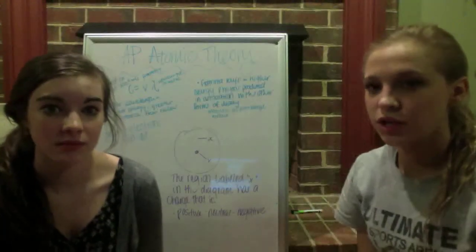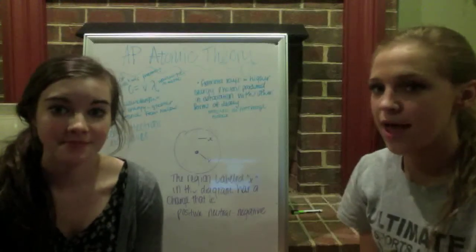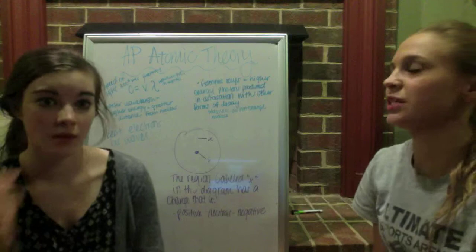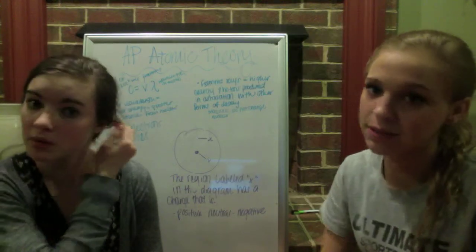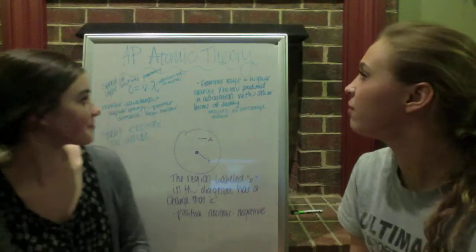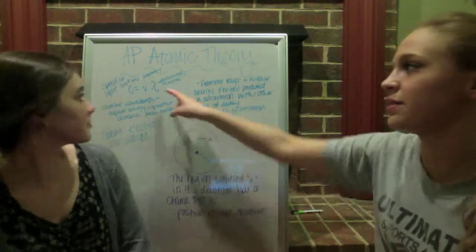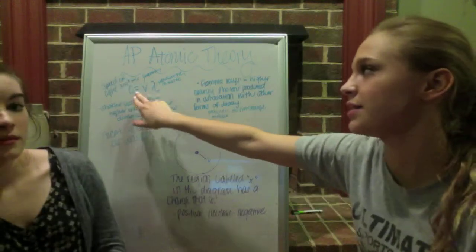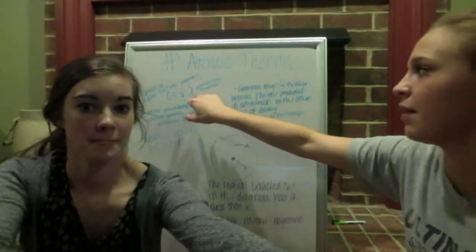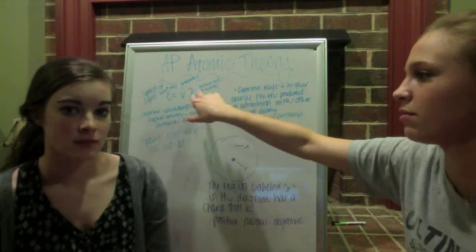Okay, so now we're going to talk about AP chemistry and a little bit of in-depth chemistry stuff that if you decide to take AP Chem, then you'll learn about. First, you'll probably learn about this equation, and it's c equals v times, what is that?